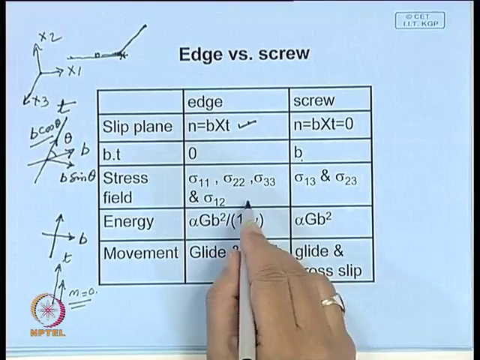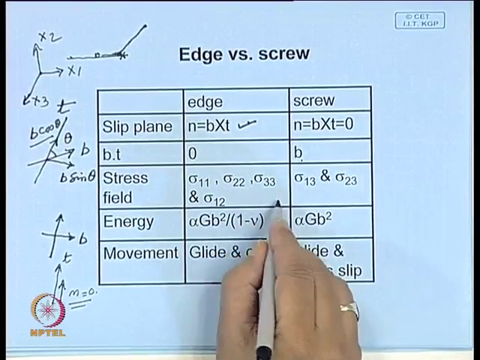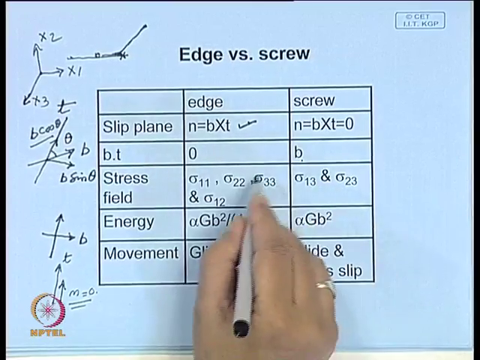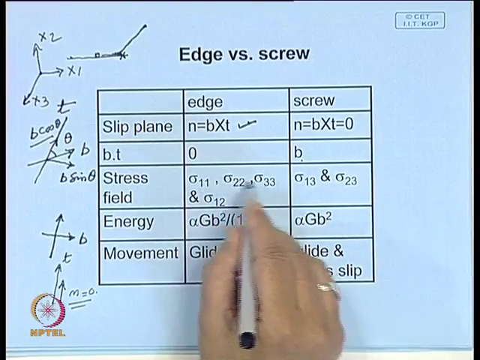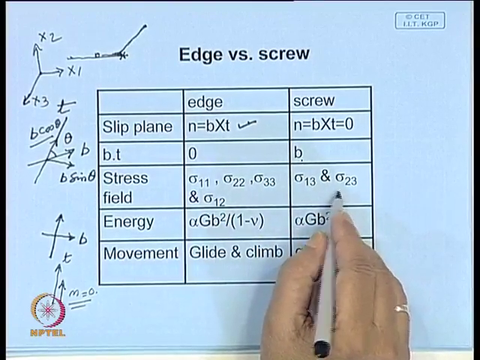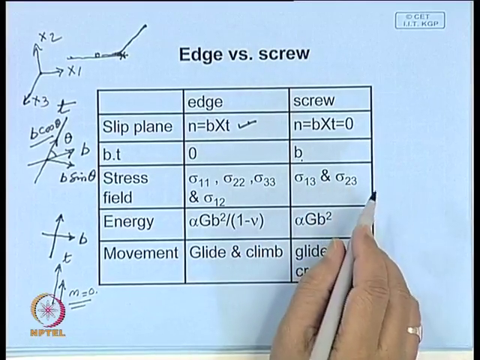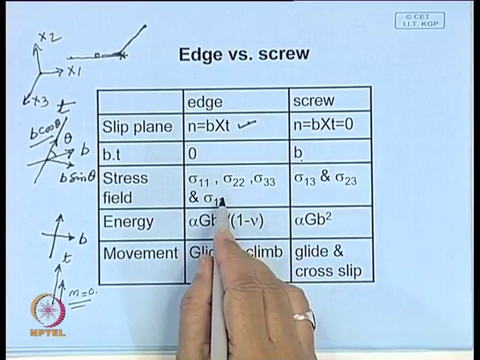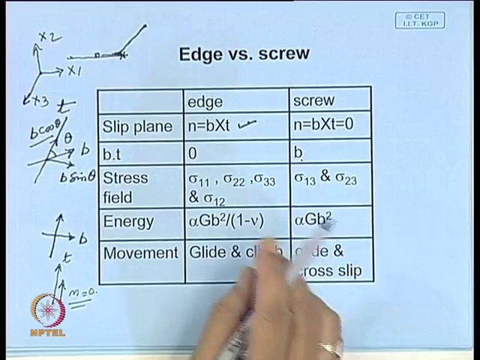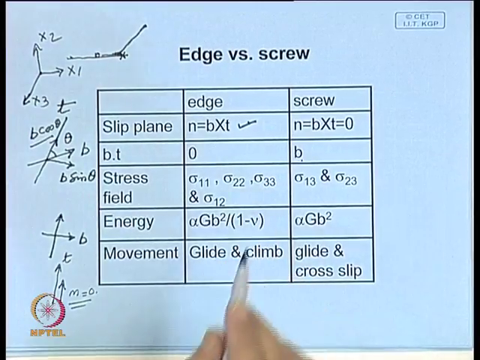Look at the two, here these two are 0, whereas for screw dislocation each of these components is 0. So together, if you have a mixed dislocation, all the 6 components of stresses will be present.